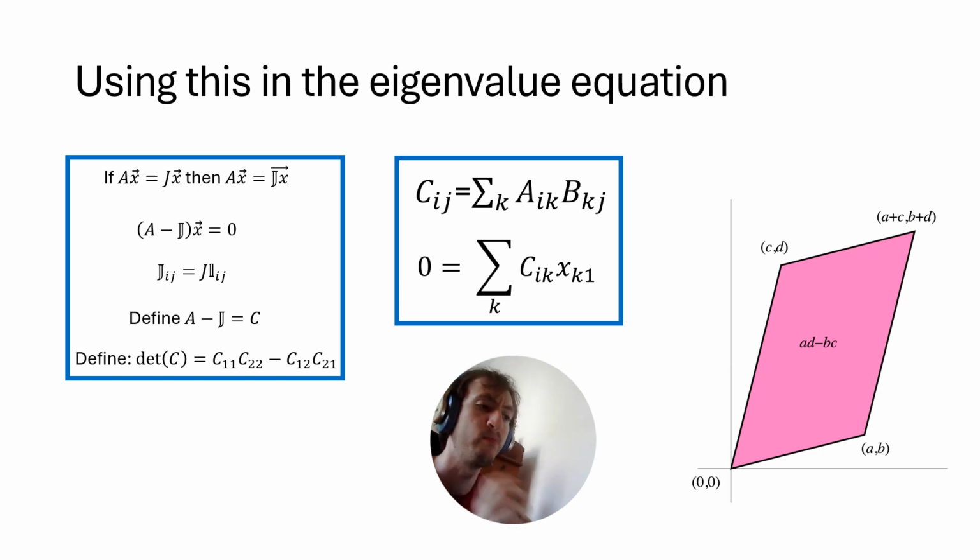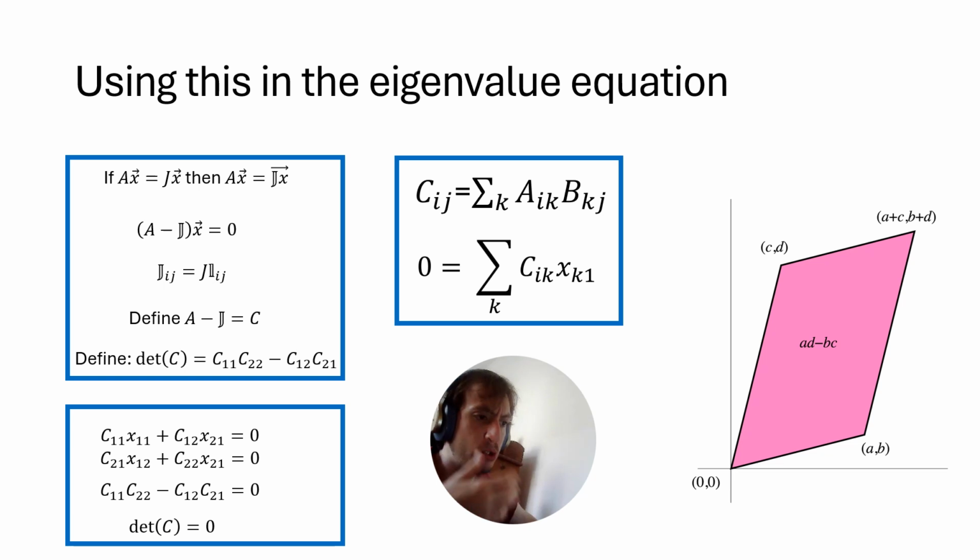Although here we're applying matrix multiplication to the eigenvalue equation. So, in other words, our eigenvalue equation has now reduced to solving this kind of summation expression equaling 0, where the summation relates the components of our matrix C with the vector components of X.